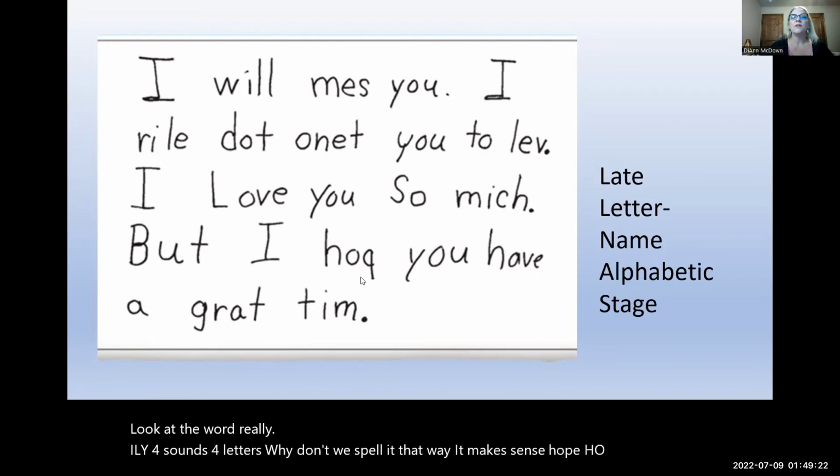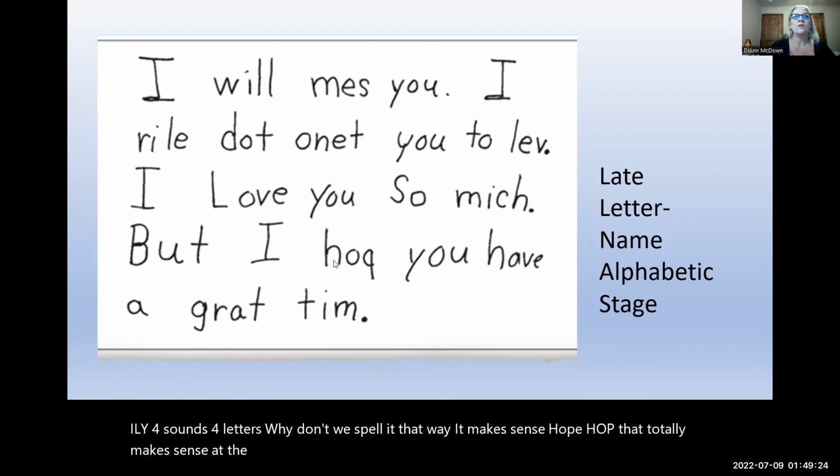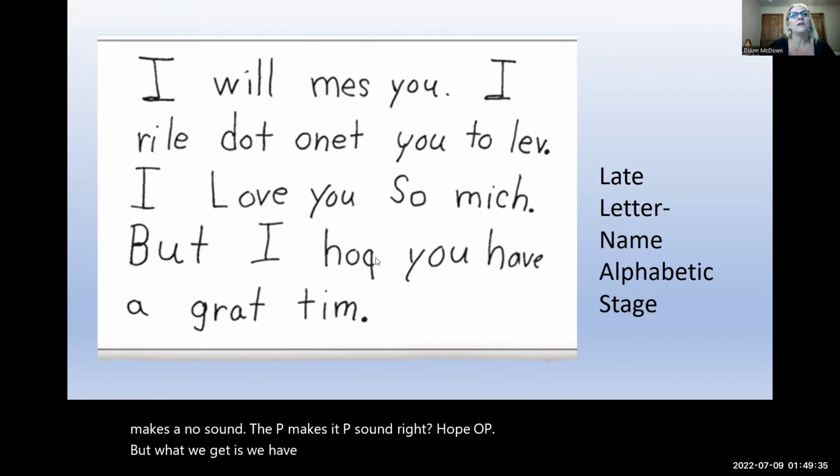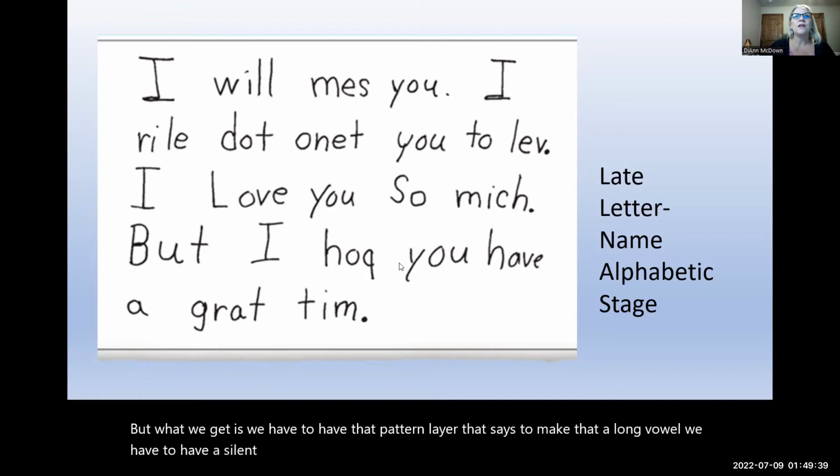That totally makes sense at the alphabetic layer because the H makes the H sound, the O makes an O sound, the P makes a P sound, right? Hope, hope. But what we get is we have to have that pattern layer that says to make that a long vowel, we have to have a silent E. But they're not there yet. They're still spelling things at a very literal level, very concretely.